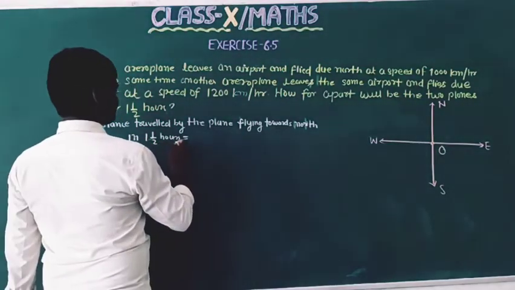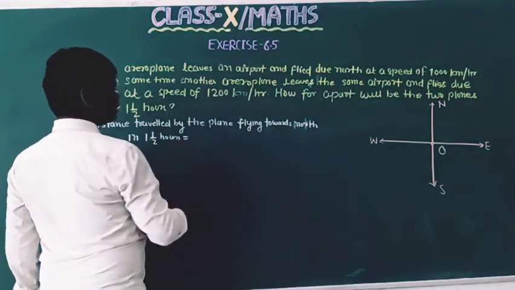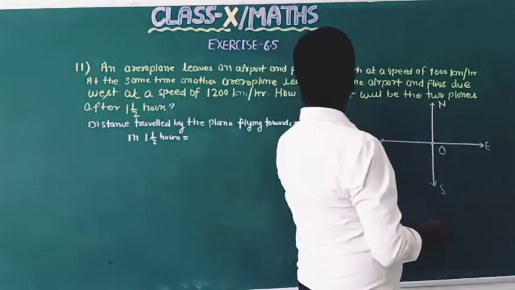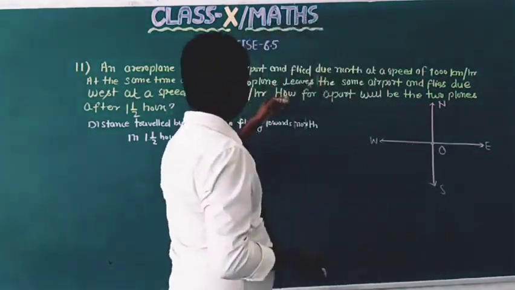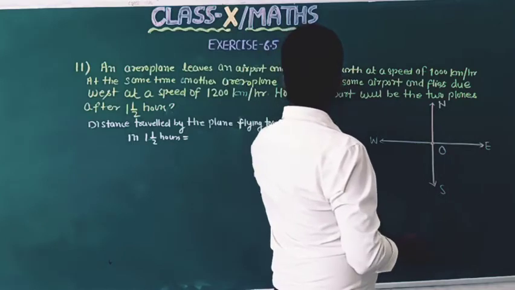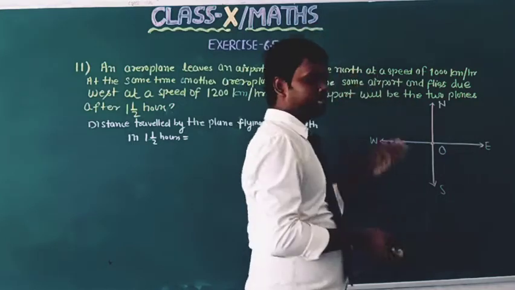So this is, we find when the airplane flies to the north at the speed of 1000 km/h.